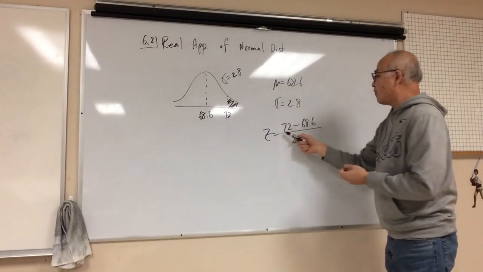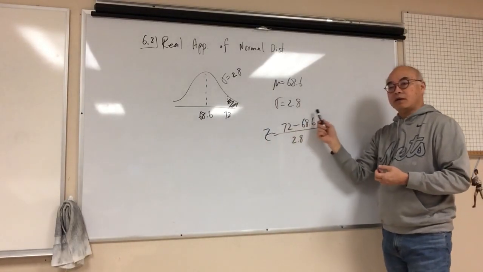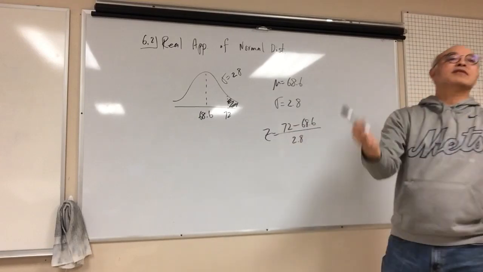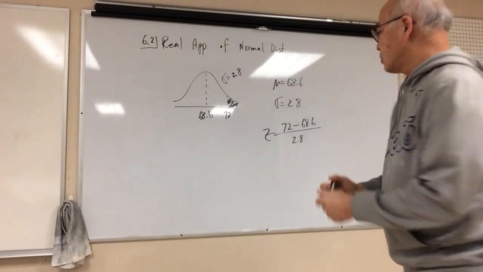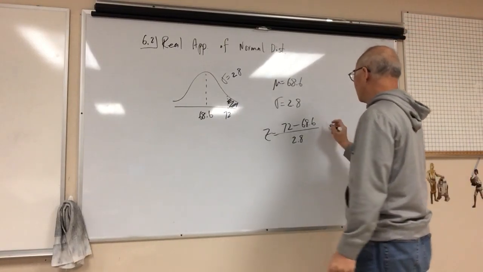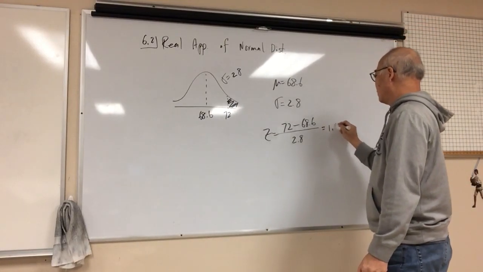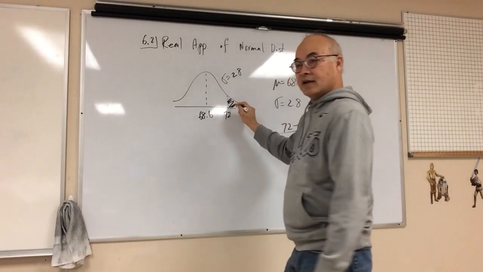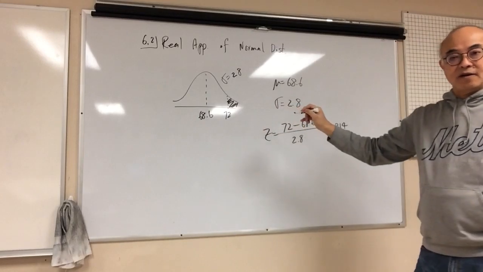This is how far away I am from the mean, and I'm going to divide that by the standard deviation. So what is it? 1.214.